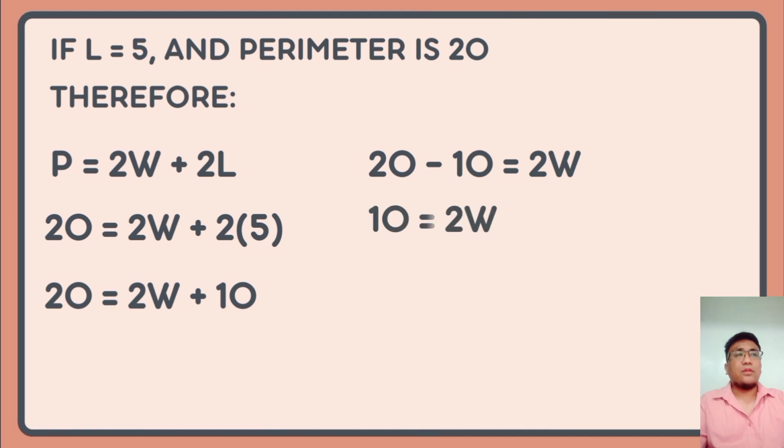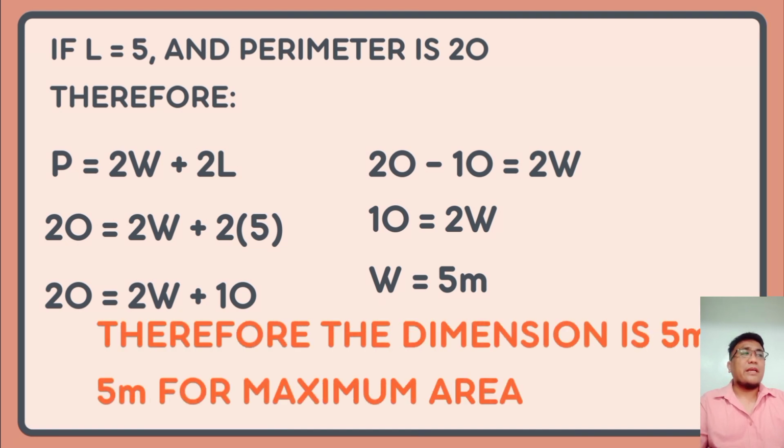Then 10 equals 2W, and then W is equal to 5 meters, as also reflected on the table on the previous slide. So therefore, the maximum dimension is 5 meters by 5 meters for maximum area. Remember, this is a square, and a square is also a rectangle. Remember that. Okay? It is a parallelogram.